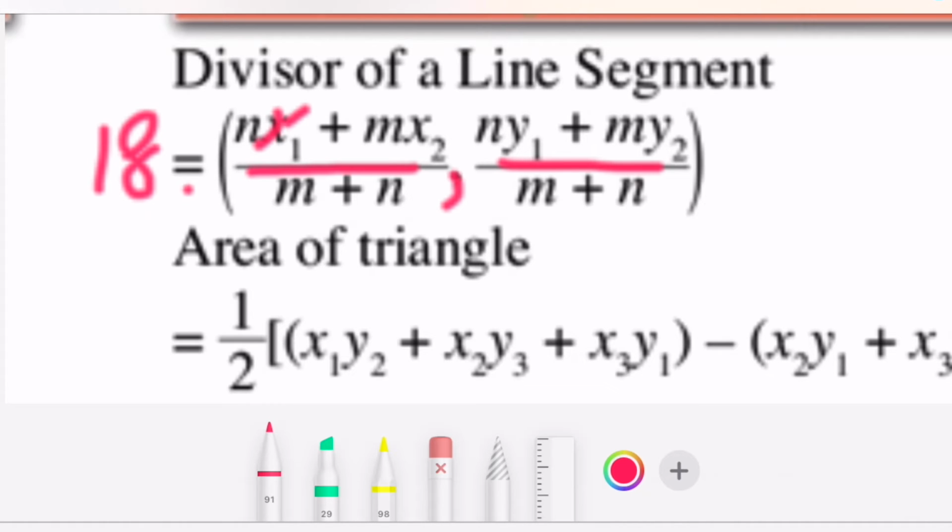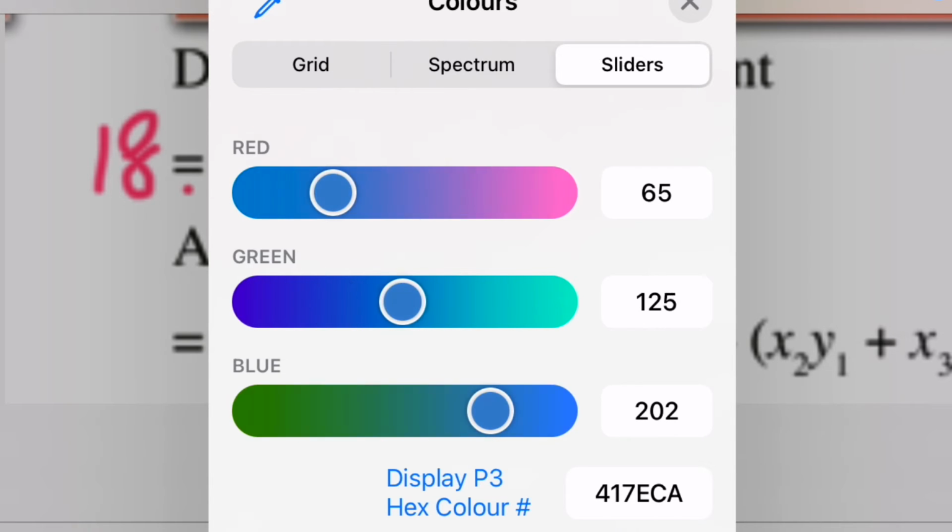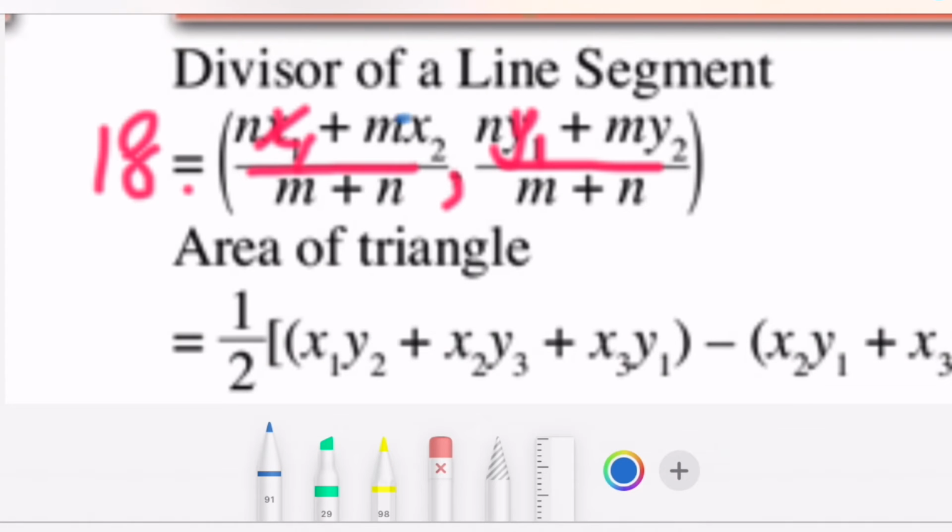So bear in mind that if here is nx1, here will be ny1, and if you change to another one, let's say you change to x2, here will be y2, remember?